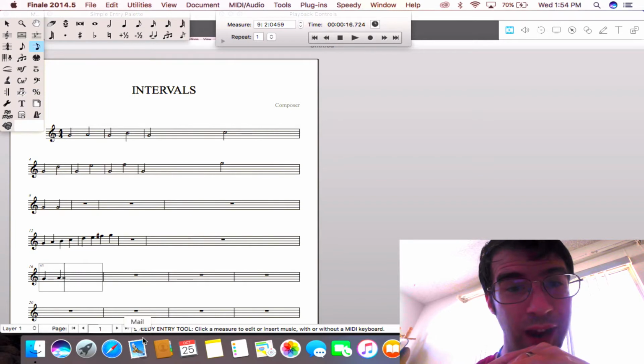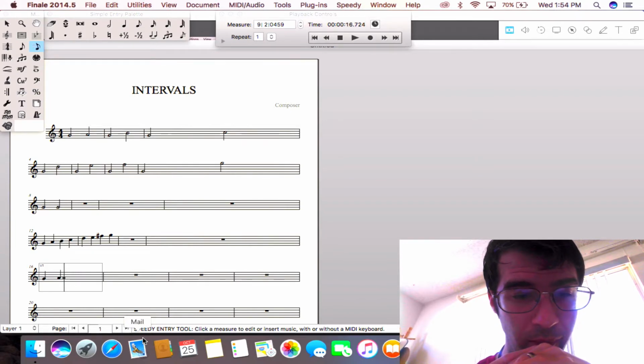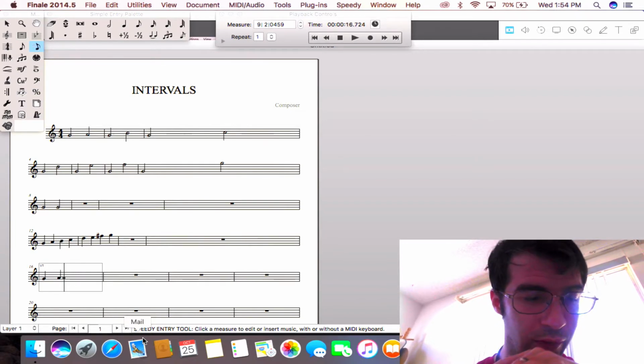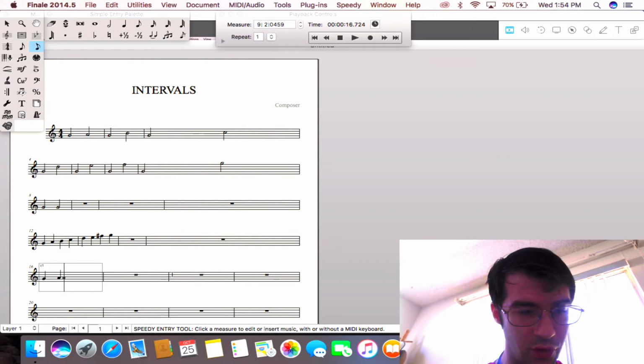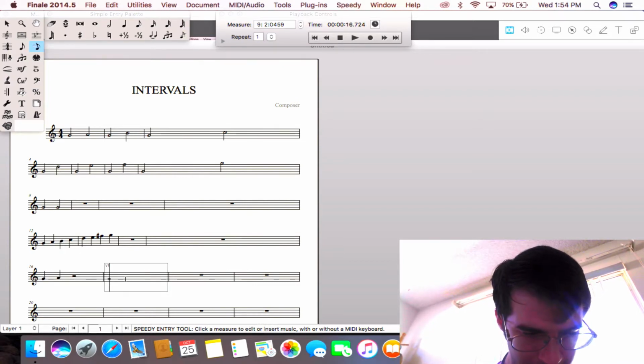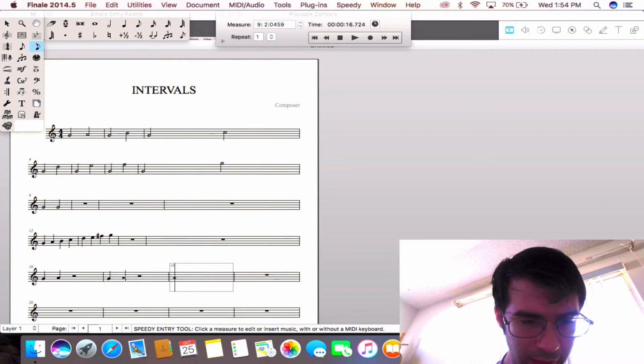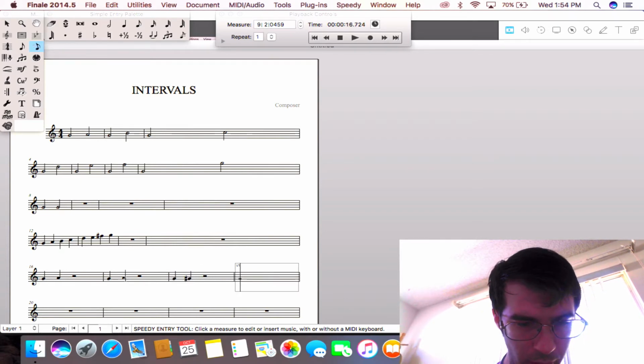There are types of seconds which we can get into really quickly. There's the major second, which is the one I just wrote. And then there's the minor second, or flat.